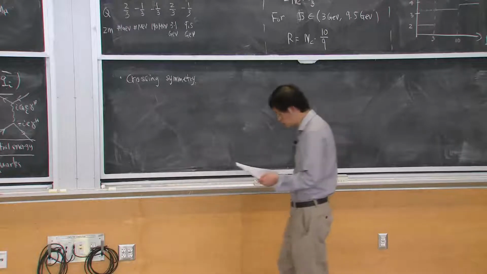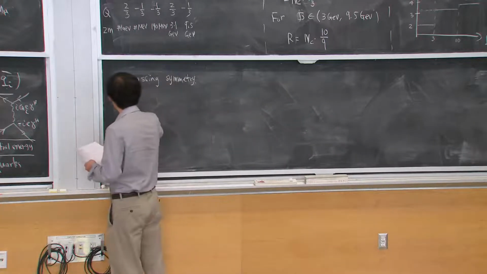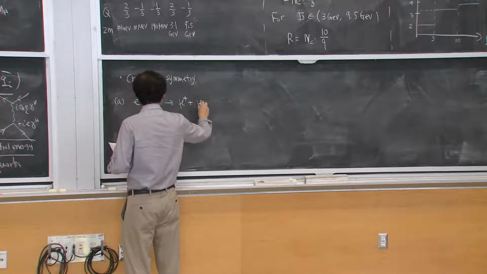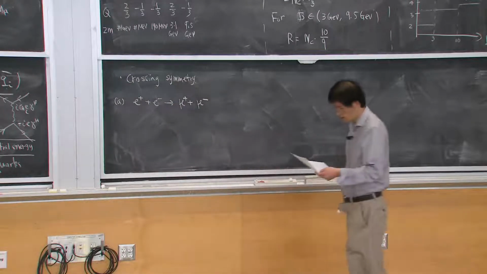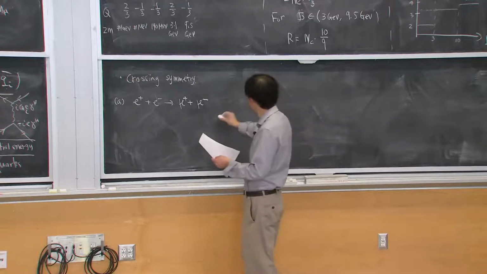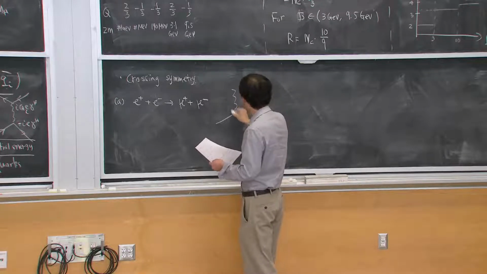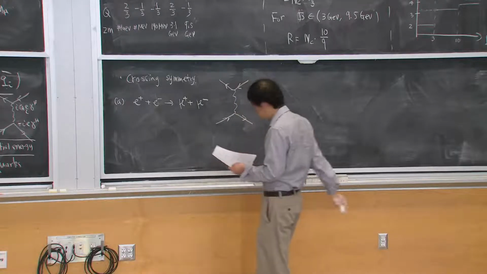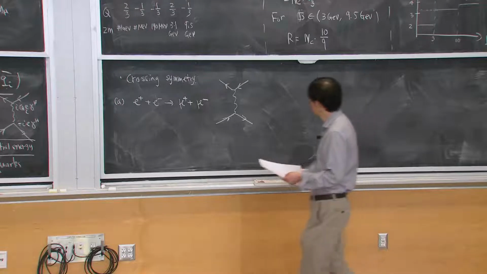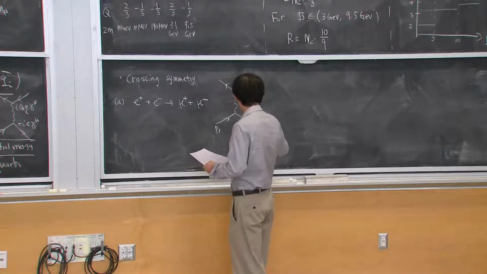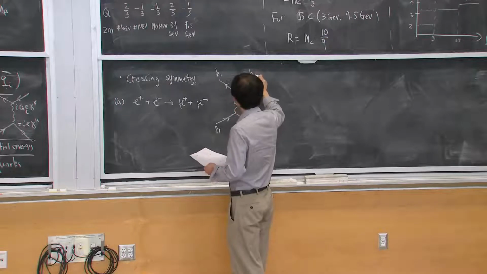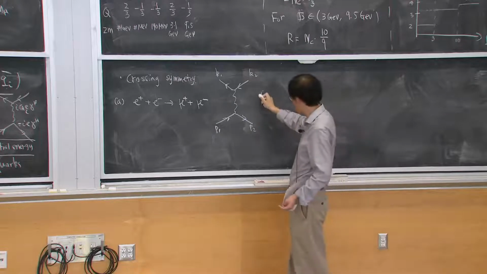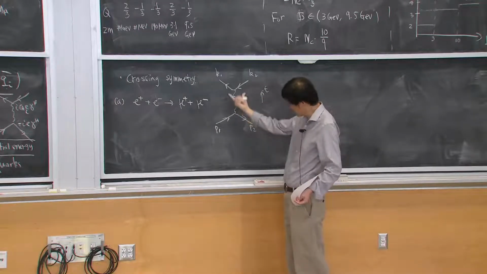Okay, so let's again consider this process of E plus, E minus going to mu plus, mu minus. So we have again this diagram. Suppose this is P1, P2, and K1, and K2. When we draw this diagram, we take the time as going up. So these are the initial state, these are the final state.